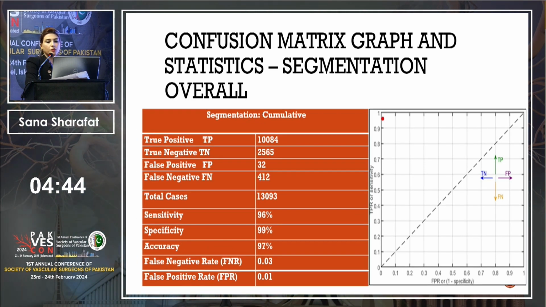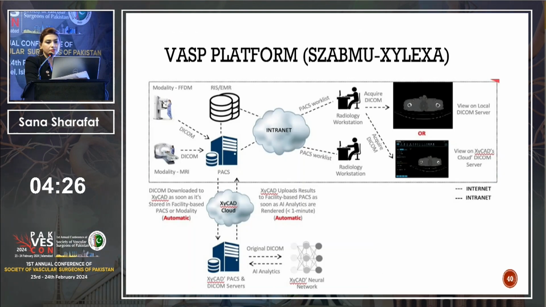The AI system also provided accuracy of 97%, sensitivity of 96%, and specificity of 99% for the AI peripheral arterio-occlusive disease algorithm for the segmentation model after statistical analysis in comparison to the diagnosis of the radiologist.